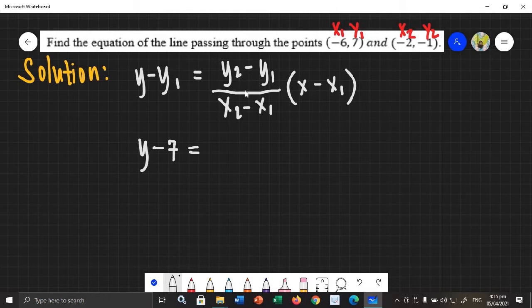Y sub 2 mo is negative 1. So, just write negative 1 there minus y sub 1. Y sub 1 mo is 7. So, just write 7 all over x sub 2 mo is negative 2. So, just write negative 2 minus your x sub 1 is negative 6.